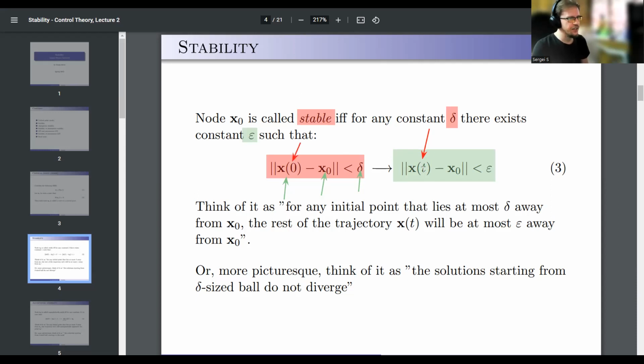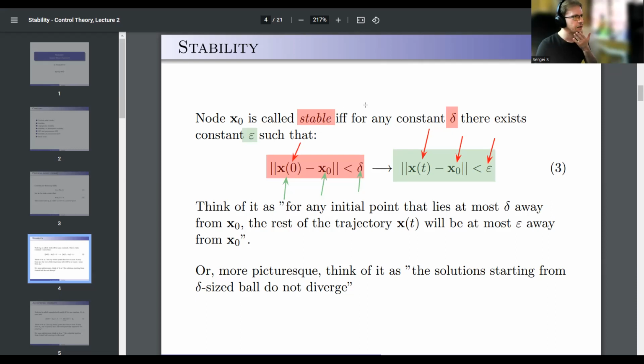So you solve this x of t, you get it by solving the differential equation forward. So for any t, this x will not be further away from the node than epsilon. If this implication exists, then it is stable.